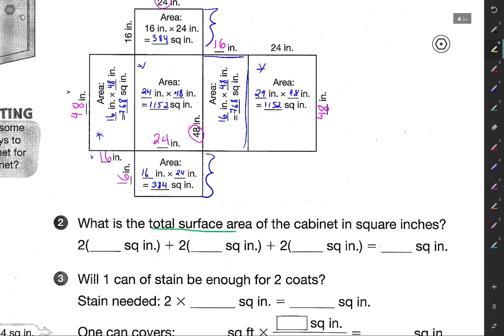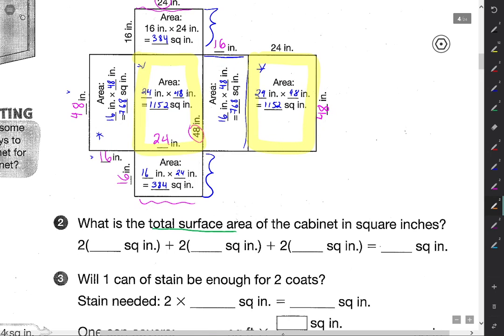So now if we're finding the total surface area of this cabinet, we need to add up all of the areas that we found in the net here. Now, each one that we looked at had another side that matched it exactly. So for instance, this one here matches exactly with this one here. And then if we're looking more, we said that this one down here matched with this one up here.